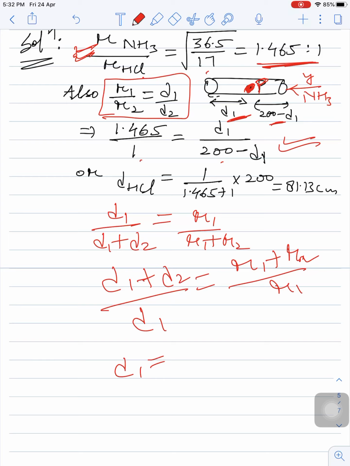This implies D1 equals D1 plus D2 multiplied by R1 upon R1 plus R2.